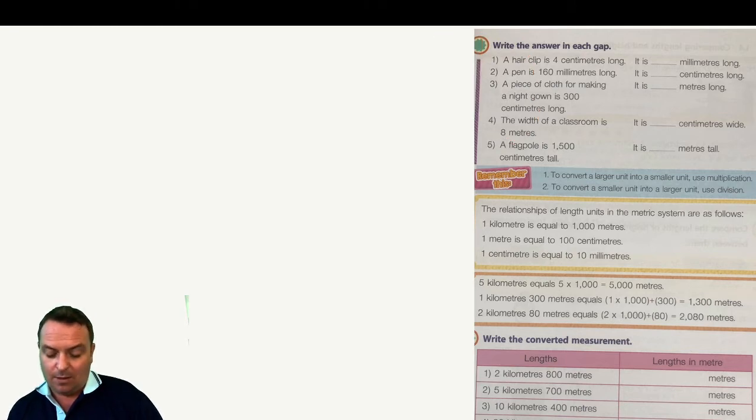Now, underneath, we have more measurements, more lengths. 1 kilometer is equal to 1,000 meters. 1 meter is equal to 100 centimeters, and 1 centimeter is equal to 10 millimeters.